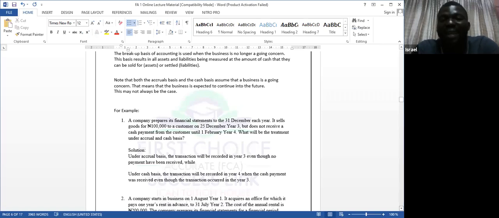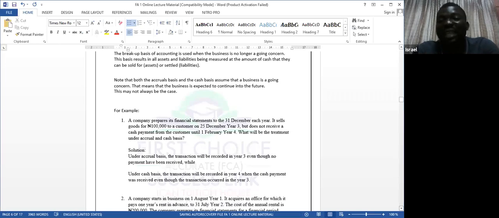But under the cash basis, the transaction will not be recorded in year 3, because we say financial transactions are recorded when cash is received and when cash is paid. But when do we receive cash? We receive cash in year 4.